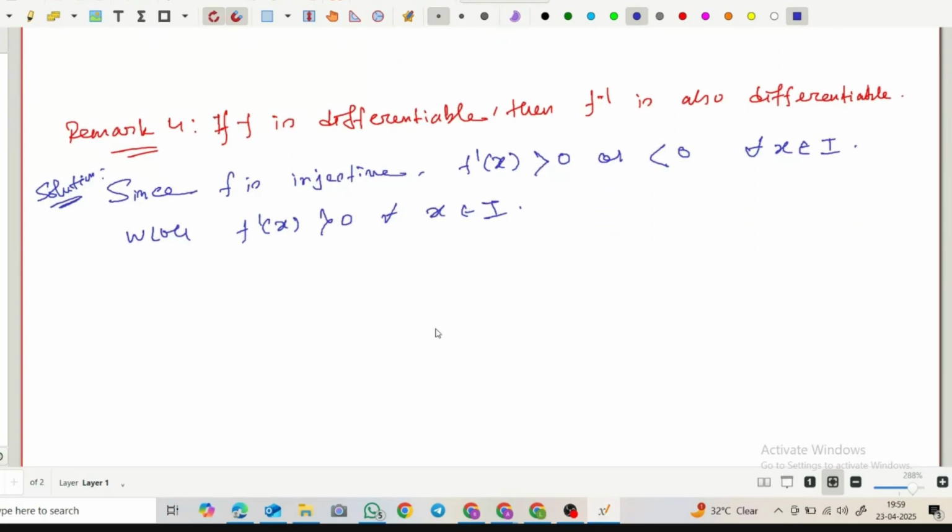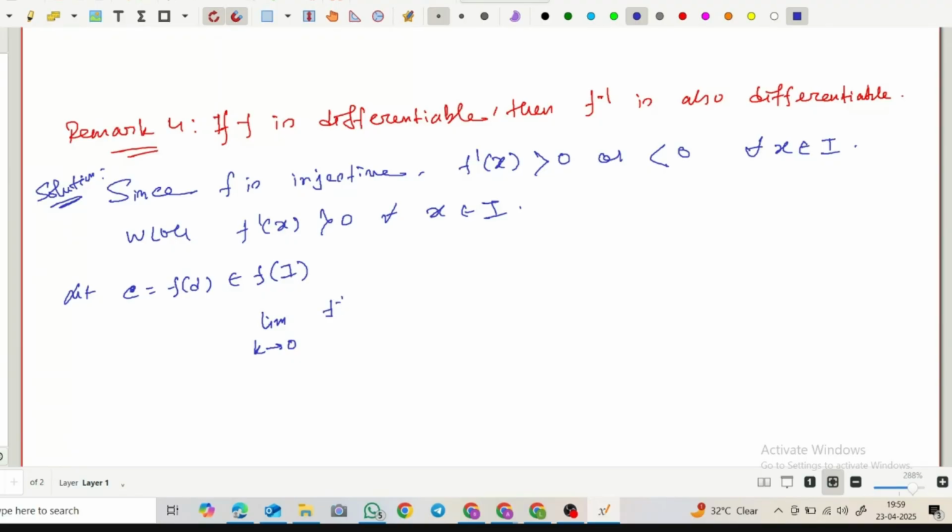So what will be the derivative of f inverse? What will be that? Let c equals f of d belongs to f(I), and we want to check whether the limit as k tends to 0 exists.